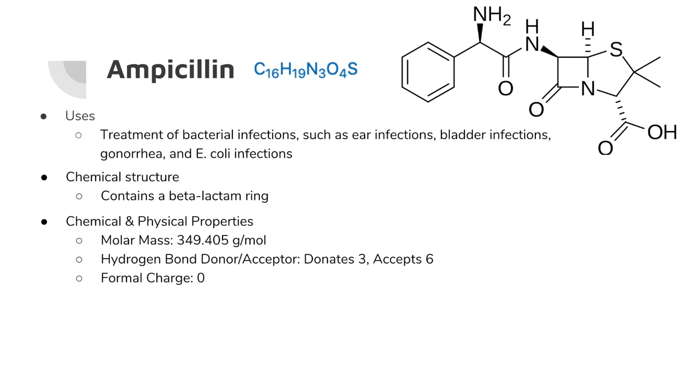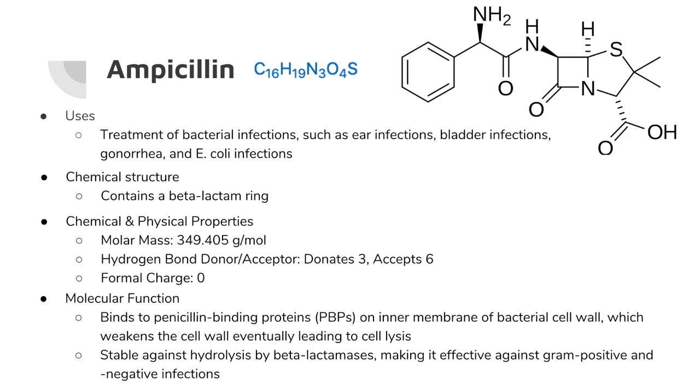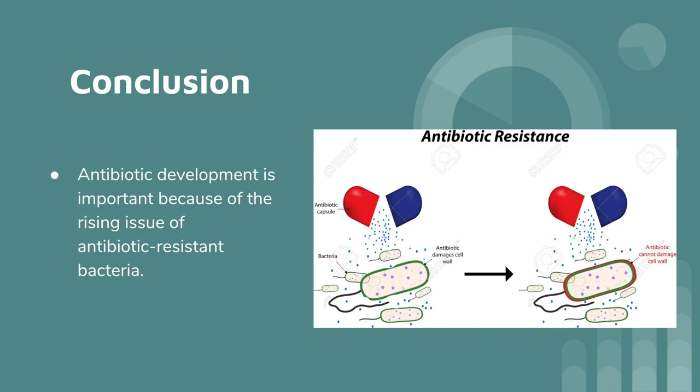It has a formal charge of 0. Its molecular function is also to bind to penicillin-binding proteins on the inner membrane of bacterial cell walls, which weakens the cell wall and eventually leads to cell lysis. However, it is stable against hydrolysis by beta-lactamases, making it effective against gram-positive and gram-negative infections.